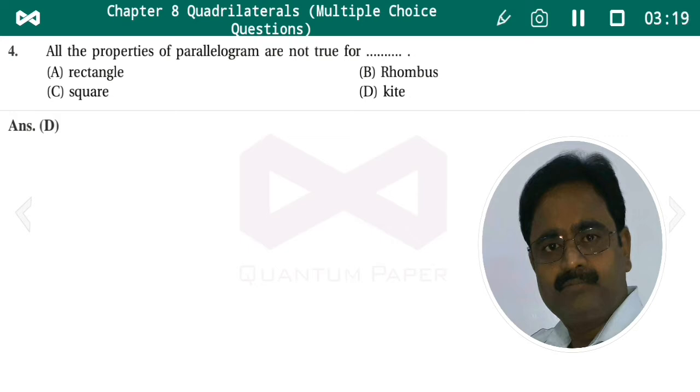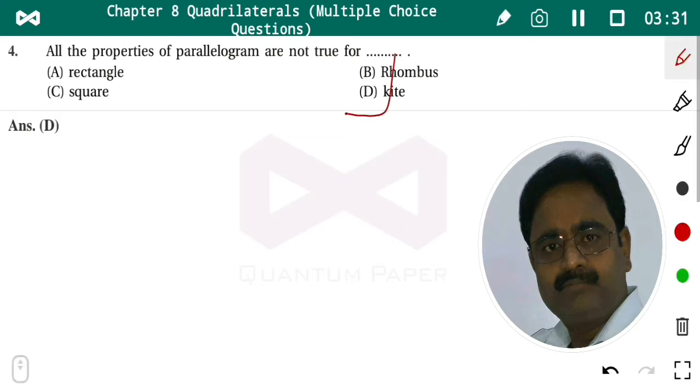So dear students, what will be the answer? Kite: all the properties of a parallelogram are not true for a kite. So option D is right.